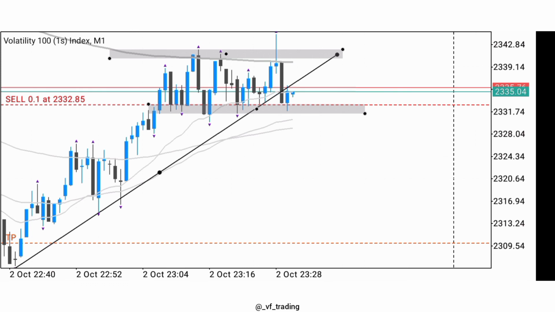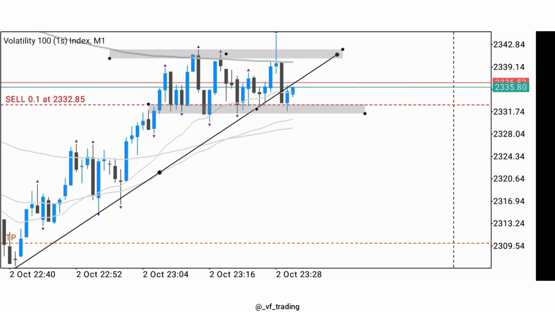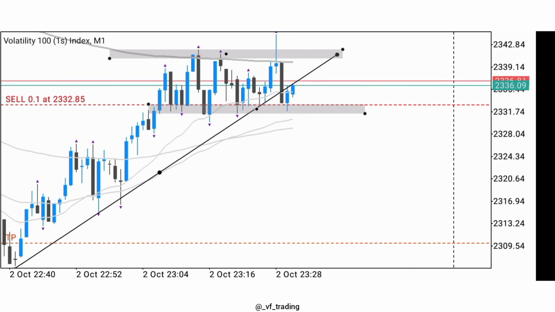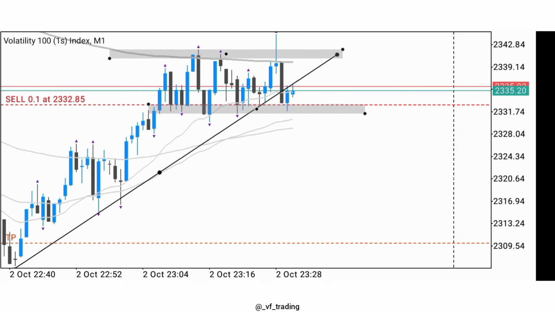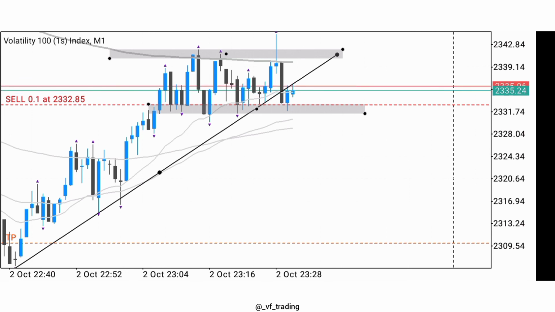The bearish engulfing candle. 3. The evening star candlestick pattern. And finally, 4. The rising wedge pattern, which is also known as the ascending wedge. I haven't discussed some of these concepts with you yet, but I will discuss them in further videos. Now, let's see how the trade went after I entered my sell entry.